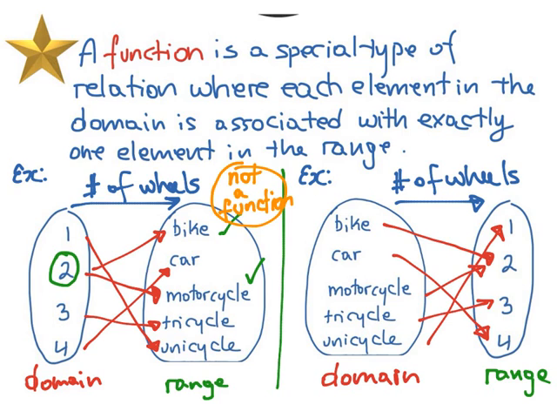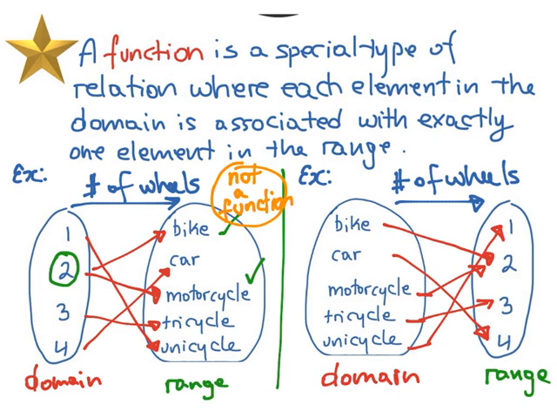A function is a relation where each element in the domain is associated with exactly one element in the range. In simpler terms, each vehicle has exactly one number of wheels.